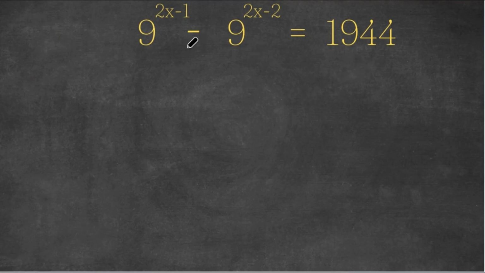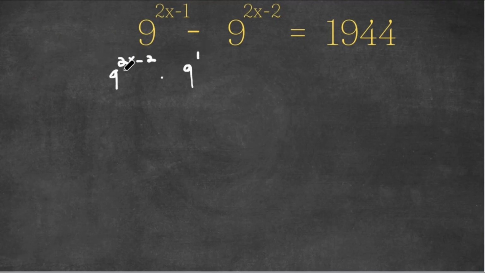In today's video, I'm going to be teaching you guys how to solve this exponential equation. So we have 9 to the power of 2x minus 1 minus 9 to the power of 2x minus 2 equals 1944. So what I'm first going to do is rewrite 9 to the power of 2x minus 1 as 9 to the power of 2x minus 2 times 9 to the power of 1.